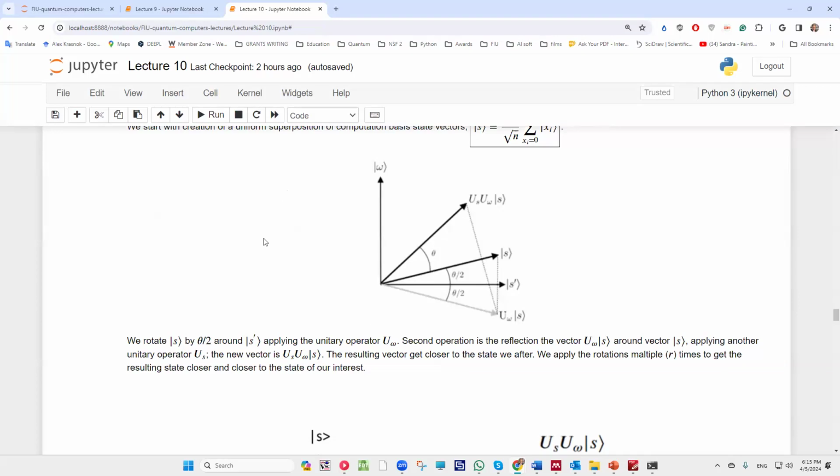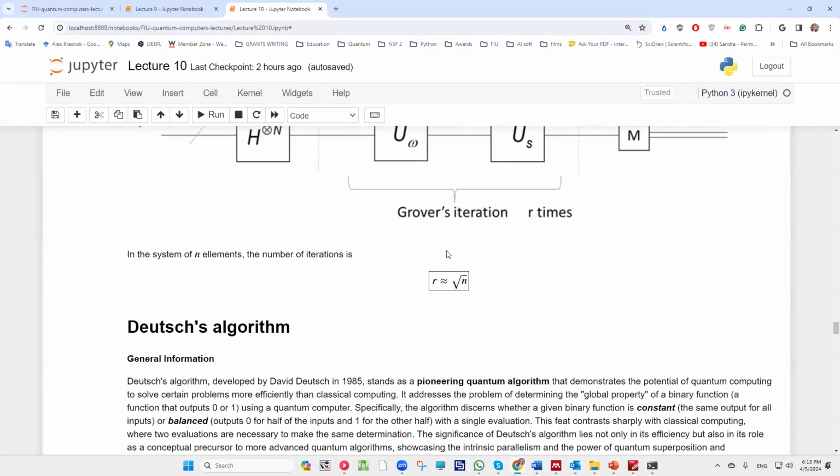And if you continue applying, you will move away from the vector of interest. So when you apply the search algorithm, you need to first figure out this number of iterations.